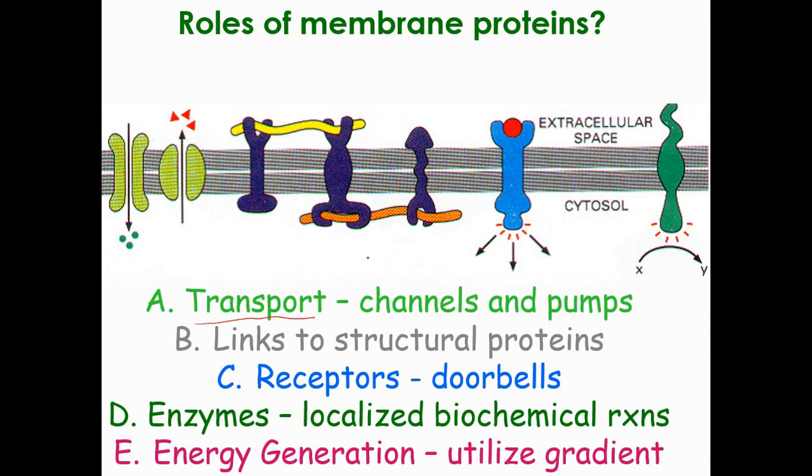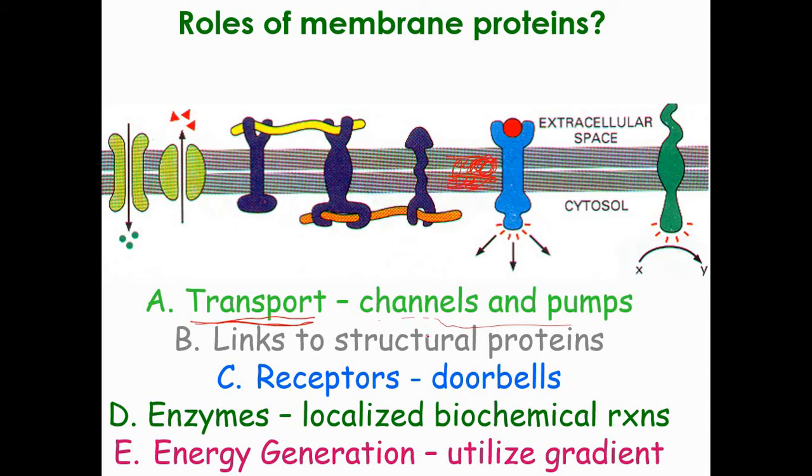They serve as channels and pumps because some things cannot pass through this lipid bilayer. This lipid bilayer is hydrophobic inside. So some of the things, the hydrophilic substances, could not pass through, so they need transport proteins. These channels and pumps are actually proteins.